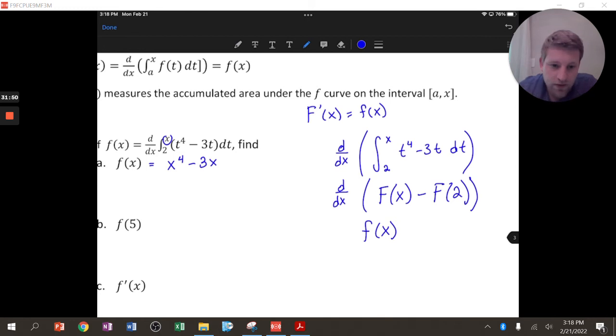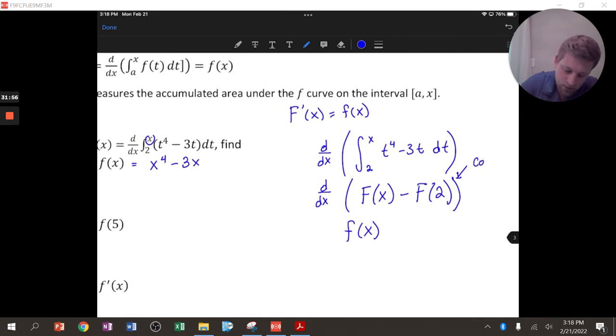If I take a derivative of F at negative 2, notice that this is just a constant. If I evaluate any function at a constant, it's just going to give me back a constant. So if we have a constant here, this would actually just subtract 0, because whenever we take a derivative of a constant, it just becomes 0.